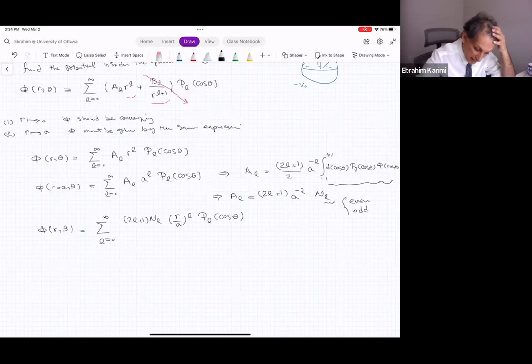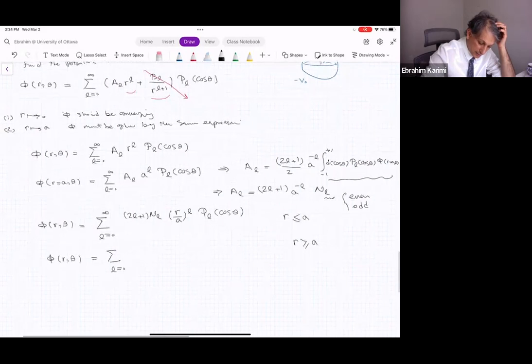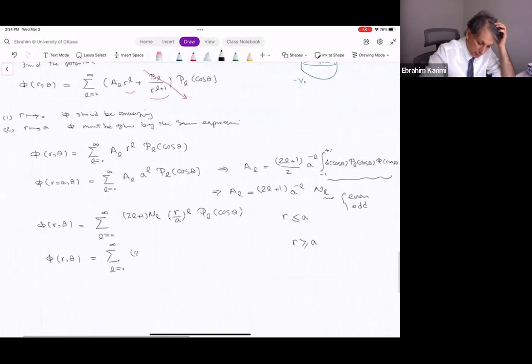So that is the case when R is smaller than A. For R greater than A, we find a similar expression. Let's visit it again. It was 2L plus 1 and NL.